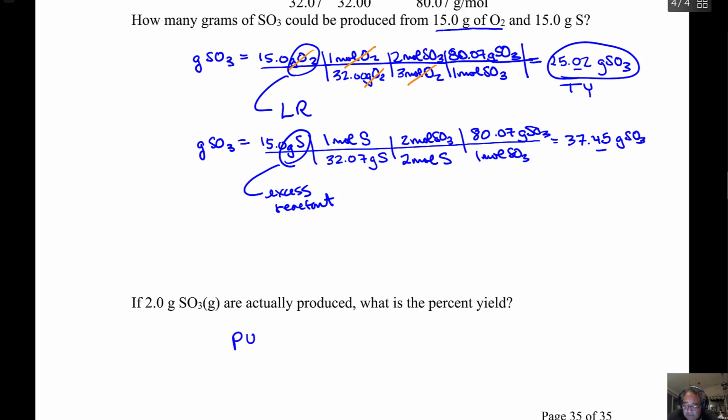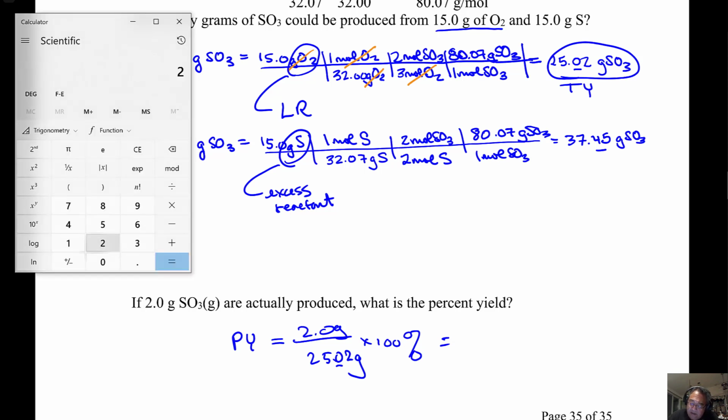So percent yield is going to be the actual yield over the theoretical yield, which is 25.02, and I use the unrounded number, and I'll get back to that in a second, times 100%. So that's going to be 2 divided by 25.02 equals 0.799.